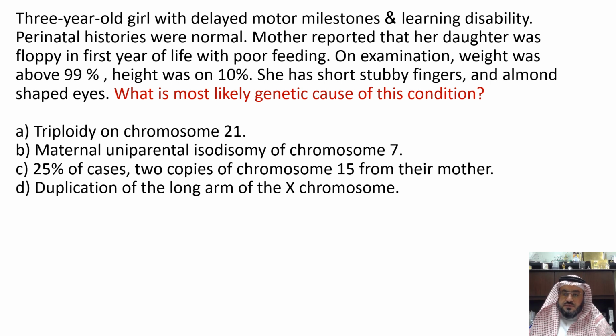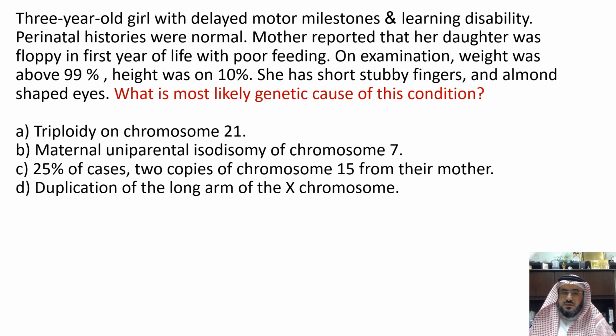So this girl, in the past history, was floppy, hypotonic, and had poor feeding, not now, only in her first year of life. Think about this statement. Don't ignore it. Don't take it lightly.